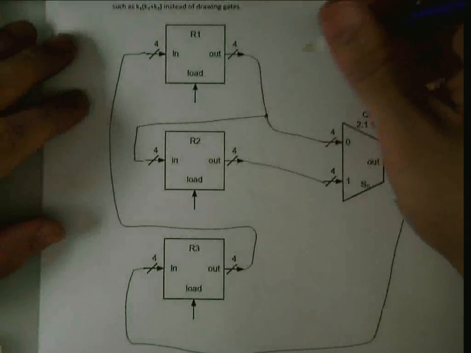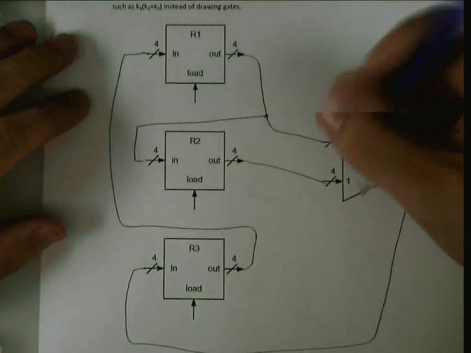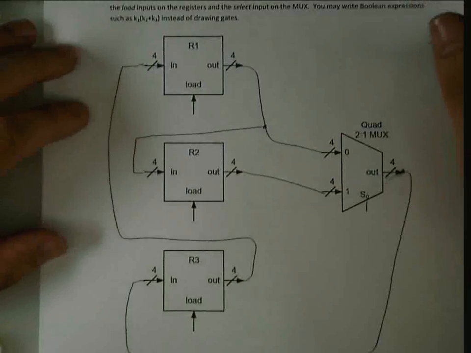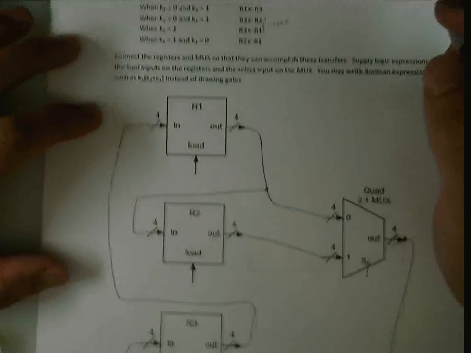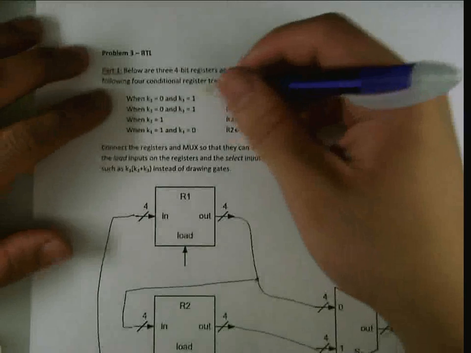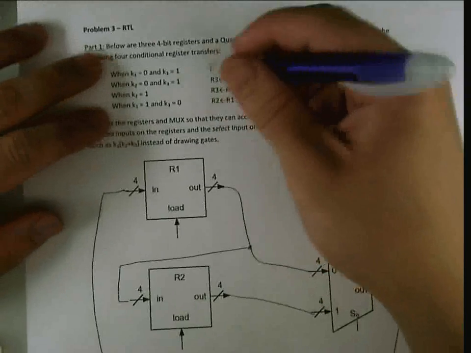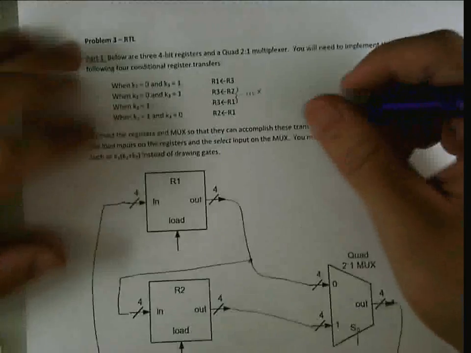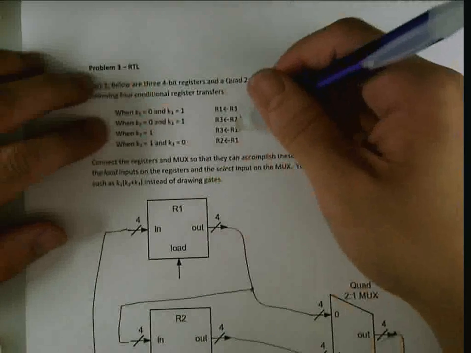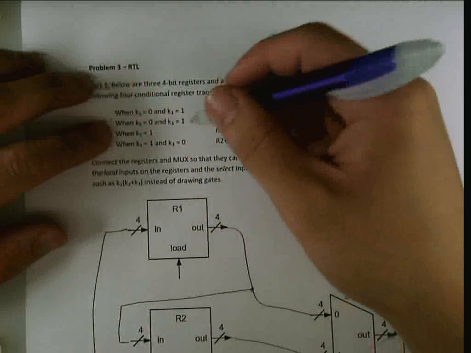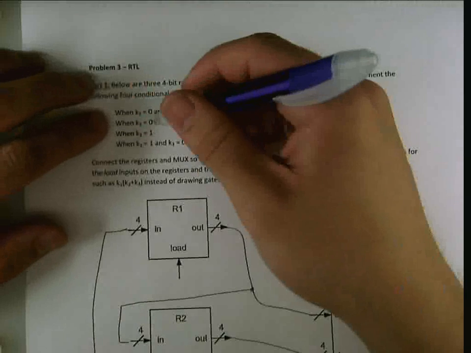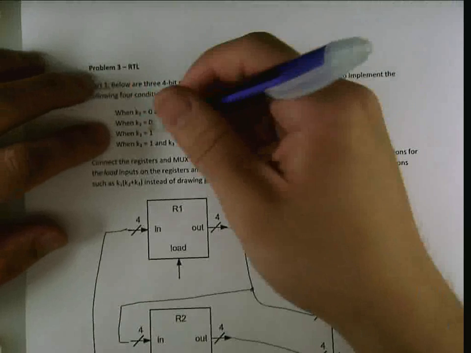Now I just need to figure out my select bit, and I need to figure out when R3 into R1 and R1 into R2 get loaded. So my mux, basically I want to choose between R1 and R2. I'm going to choose R2 when K2 is 0, and I'm going to choose R1 when K2 is 1.